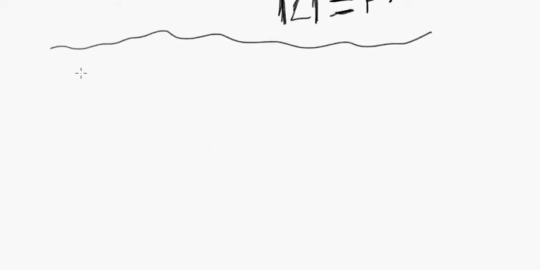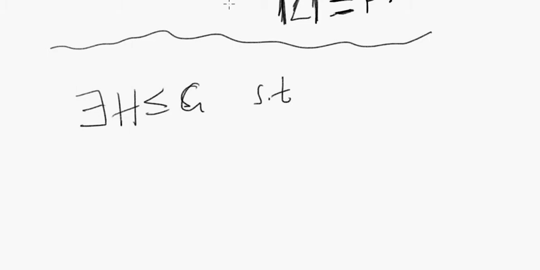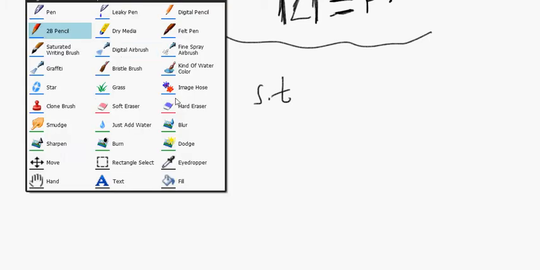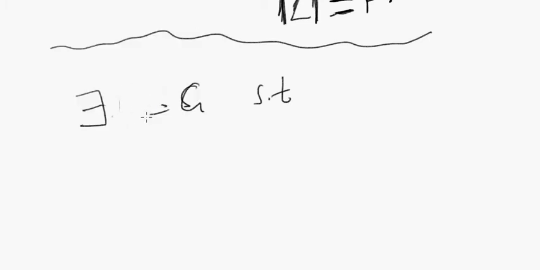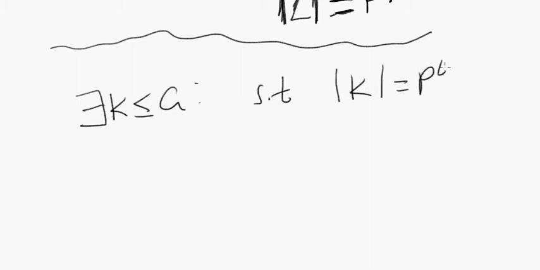What if we found some subgroup K of G such that the order of K equals p to the i? If i is alpha, we're done. So let's suppose that i is actually less than alpha.